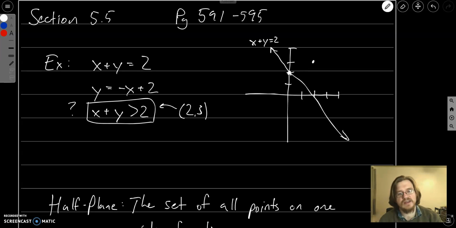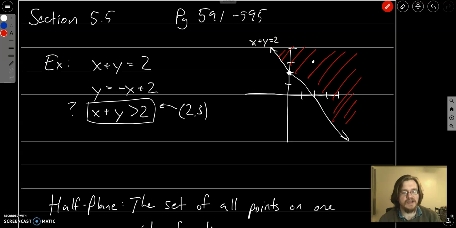And it turns out that once we know that that one point is up there, we know that every single point on this half of this line, everything above and to the right of our line, is going to satisfy this equation.